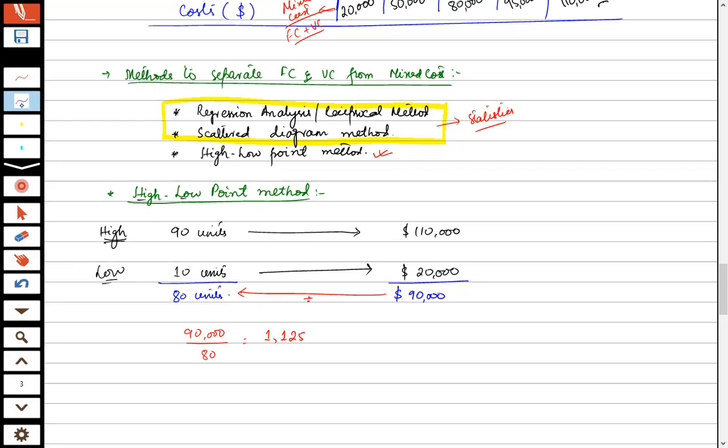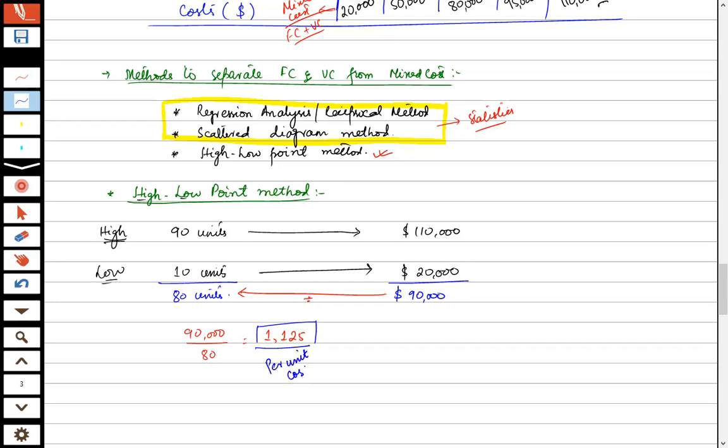Now see what we have done here. We have done cost divided by units. So what is this? What can we call it? Maybe we can call it per unit cost.